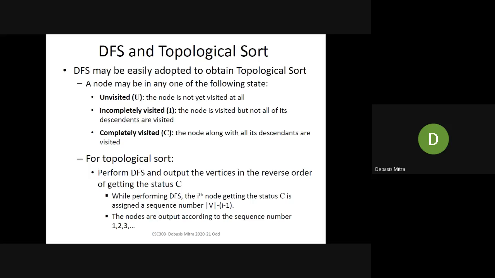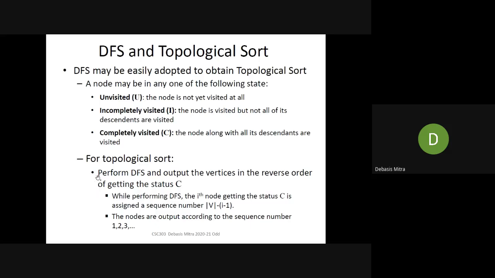And finally, there will be another level called completely visited, when a node is not only visited through DFS, but all of its descendants have also been visited. So these three different levels you have to use, which will make your topological sort solution very elegant.